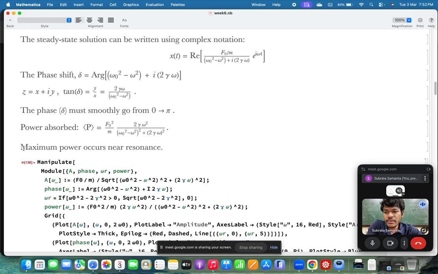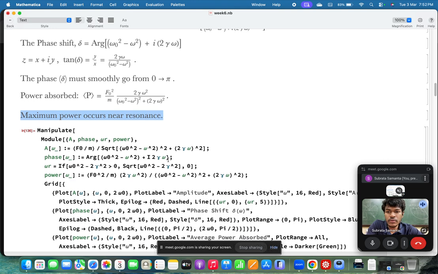So, this maximum power occurs near resonance, and also your delta is pi by 2 when gamma is small, right, when damping is small.